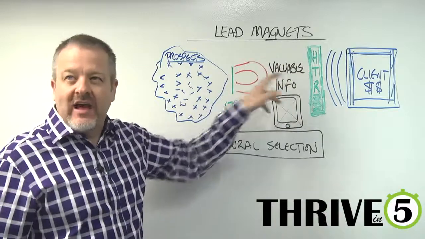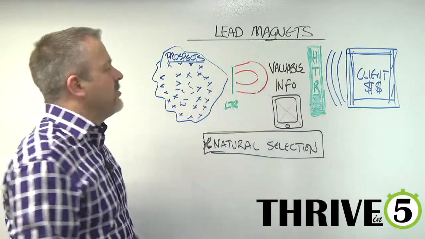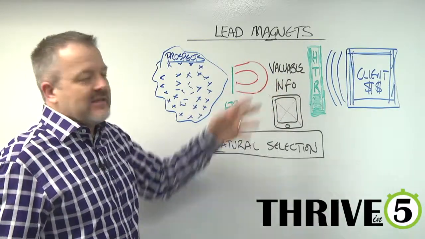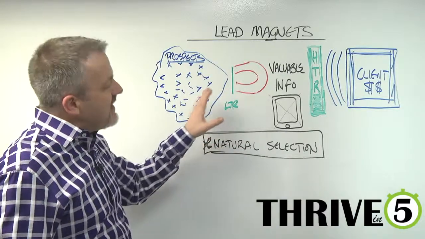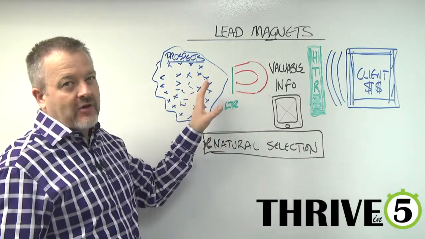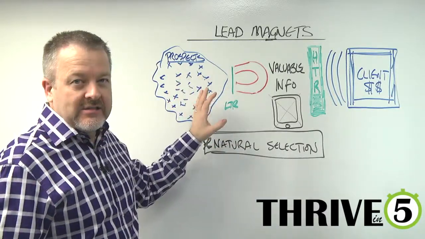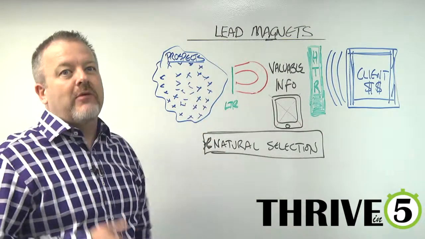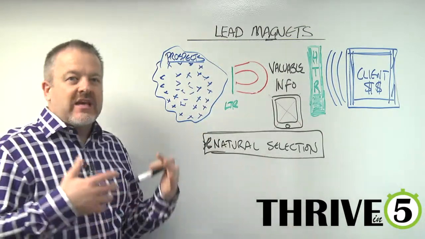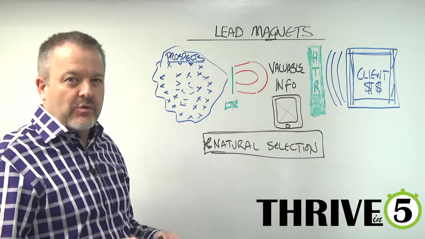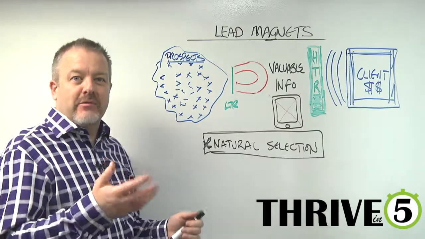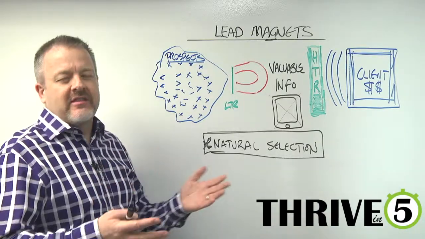So what is this valuable info? What is the kind of stuff that you can provide people? Well, it's information that's related to what it is you offer and what is important to these people. I'll give you an example from history. There was a juicer back in the 40s when juicing started to become important, and people started thinking about it.